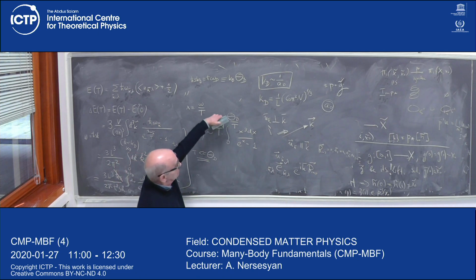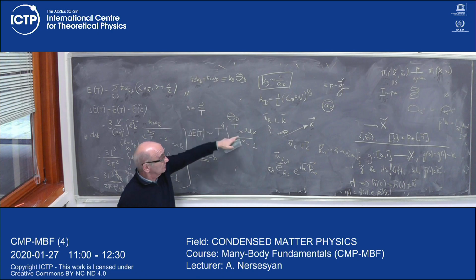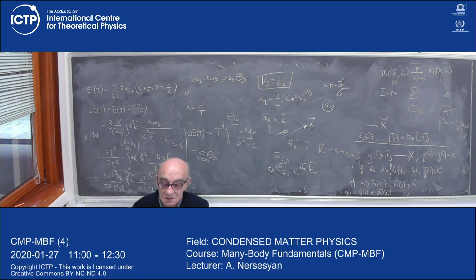So therefore this ratio, the upper limit, is a huge number. And at large values of x, the integrand, the function which you observe inside the integral, becomes exponentially small, because at large values of x, this is the most important part, it goes as e to the minus x. It cuts off the integral.